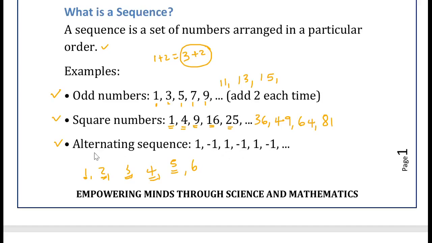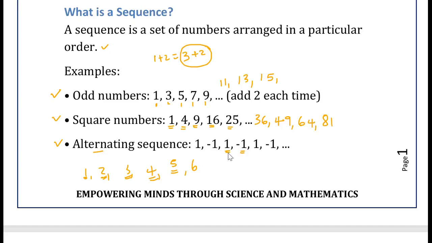And when we say alternating, it is the same number that appears after a given interval. So here 1 and then negative 1, and now the 1 reappears again, and negative 1 again reappears in the next. So that is what we call an alternating sequence or alternating numbers. The same number keeps on appearing in a given manner.